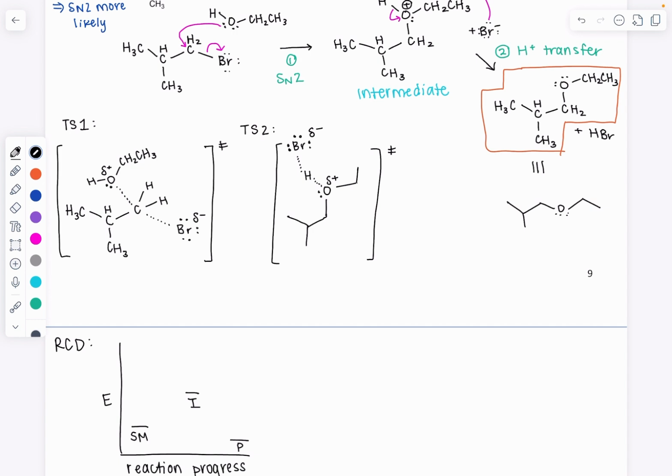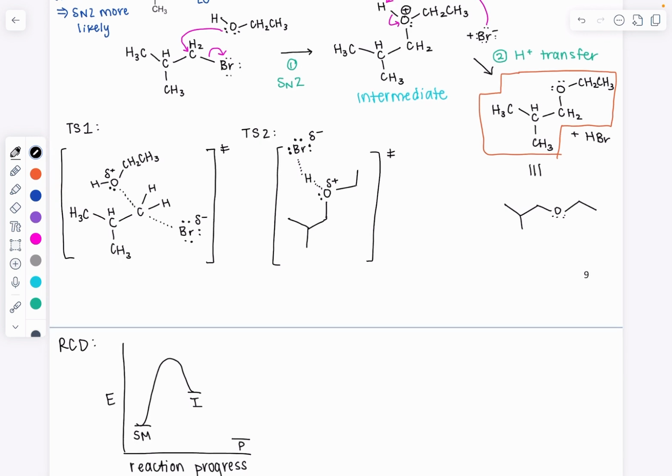And then we can draw the energy graph to connect all of these. So starting material goes through transition state 1, forms the intermediate. Then we have a proton transfer, which has really low activation energy, and that forms the product.